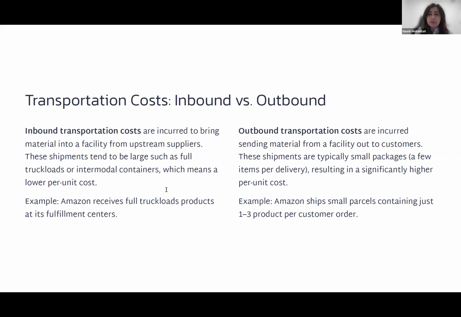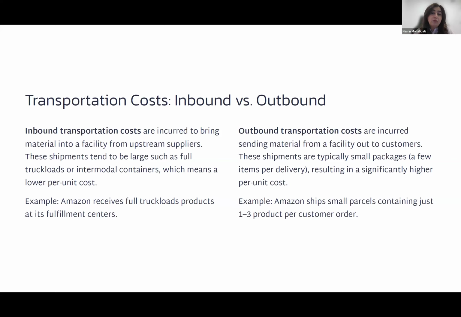In terms of transportation cost, we can categorize it into inbound and outbound transportation. Inbound transportation is when we are shipping final goods from our manufacturing centers to our distribution centers or to our warehouses. So usually we can use full truckloads. We are shipping a lot of stuff into a warehouse, right? So we can fill the entire truck so that because of the economies of scale, we can reduce the cost of this transportation.